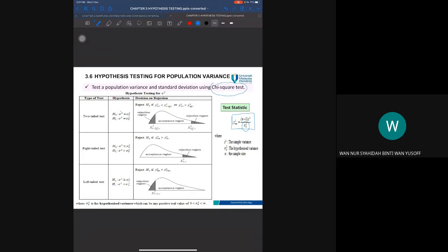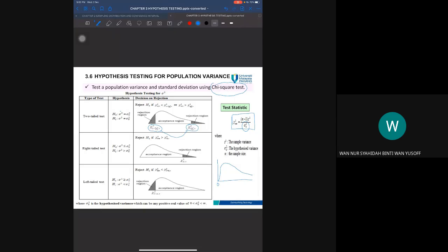Okay, the thing is for the chi-square here, it is different from the z and t. Chi-square is a positive distribution, in which case it starts from 0. That's why for the lower critical value and upper critical value here, we have two different values and both positive.